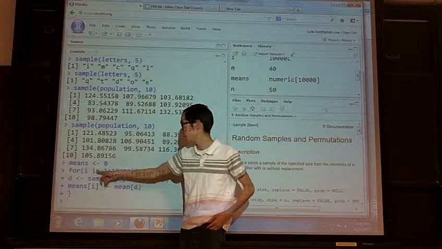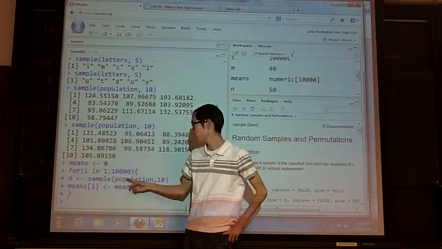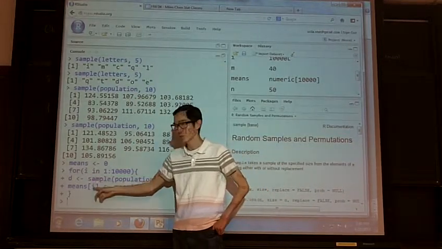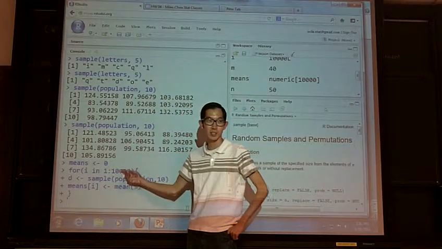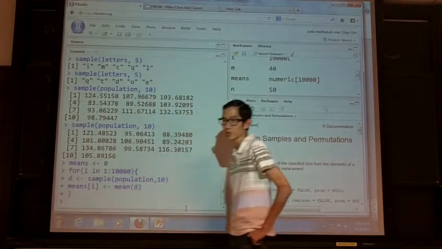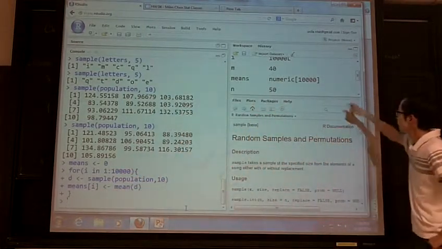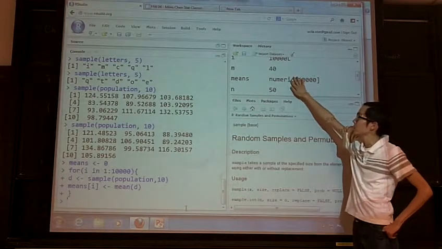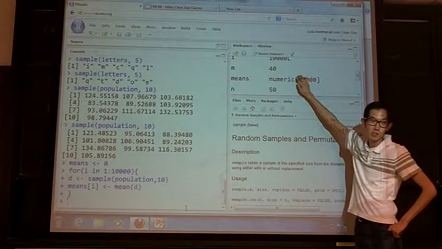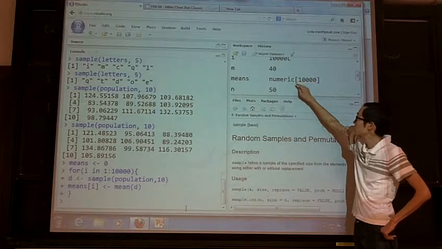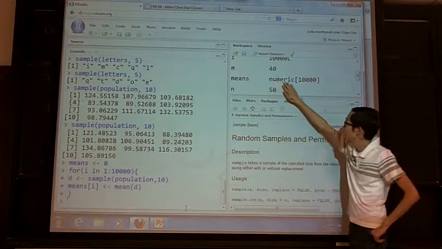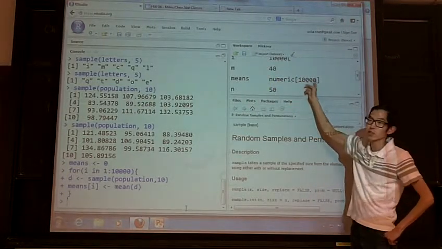And by having the i in here, the first time it did it, it put it in the first position, and the second time it put it in the second position, and so on and so forth. So when I look up here, this is all of the things it's stored in its workspace. We can see means is a numeric vector, and there are 10,000 values in it.